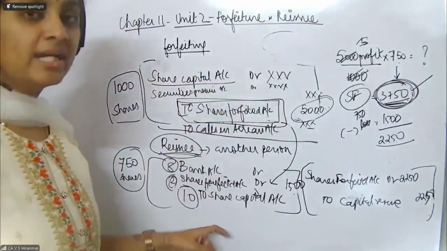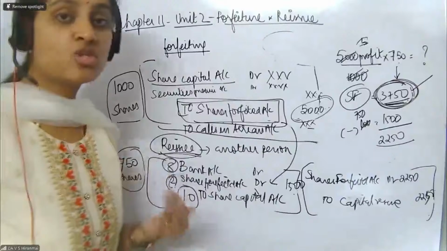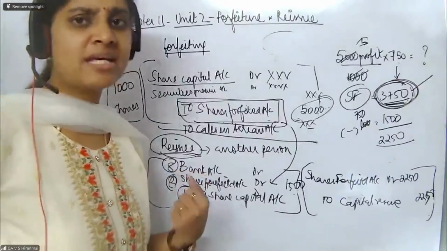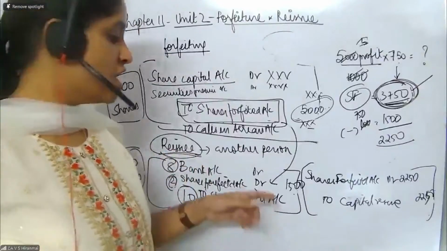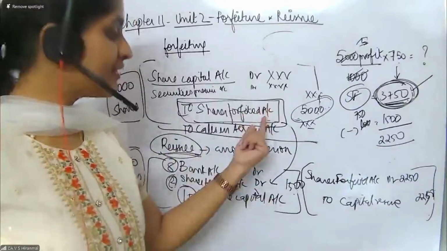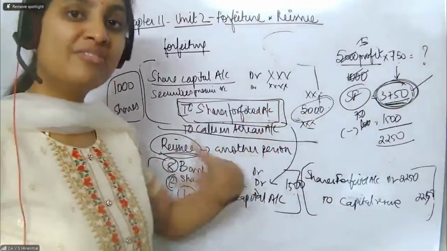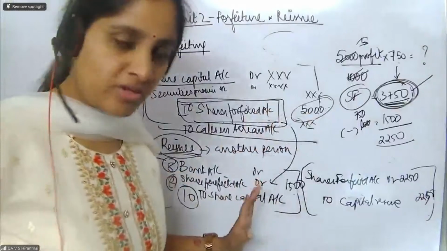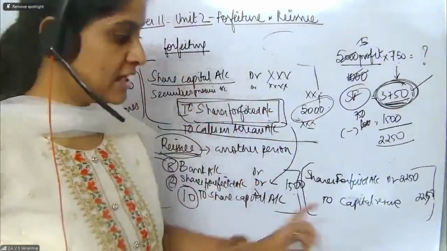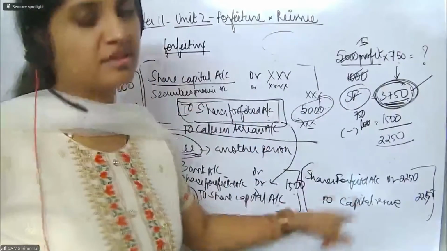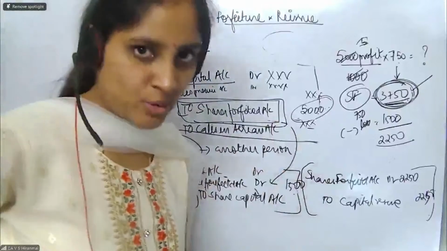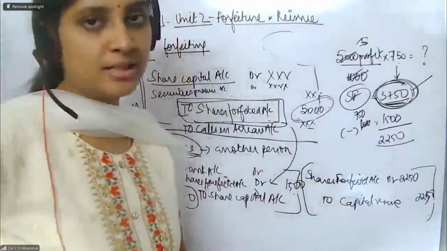I am doing a reissue. So when I reissue forfeited shares, sometimes I can reissue at a lesser value. So that loss should be taken from the shares forfeited. So after the reissue, if any balance is remaining in the shares forfeited account, it should be transferred to the capital reserve because it is like a capital profit. So shares forfeited to capital reserve, over.